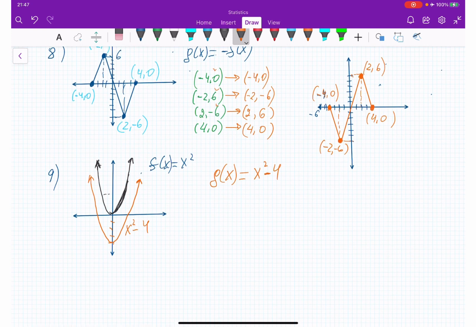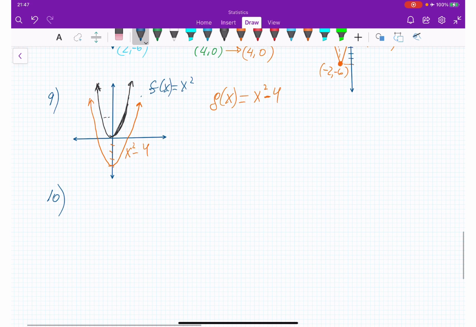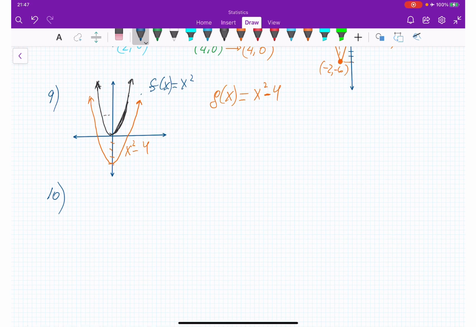Question number 10. So for question number 10, we are going to build based on f of x is equal x squared.